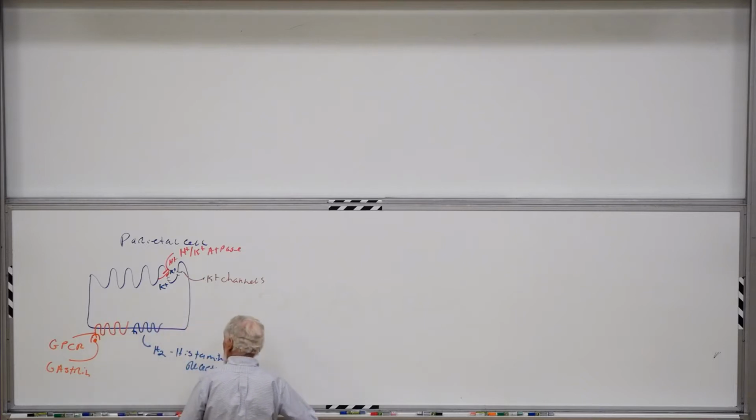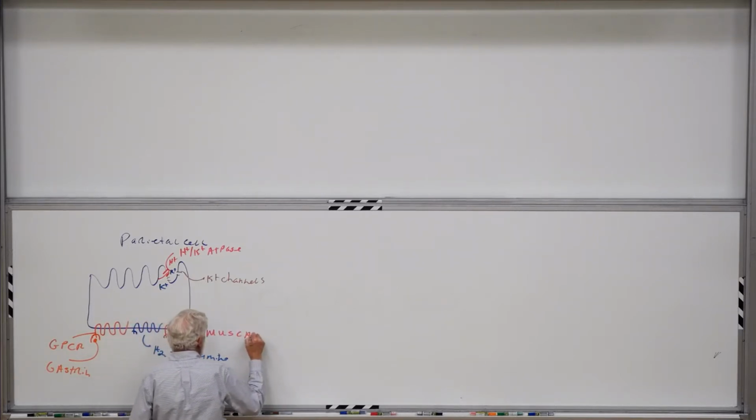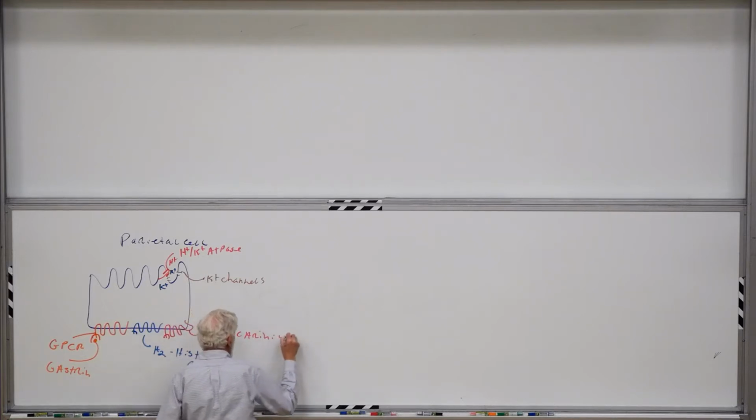And finally, I'll put this one in red, this is a G protein coupled receptor, which is a muscarinic receptor.